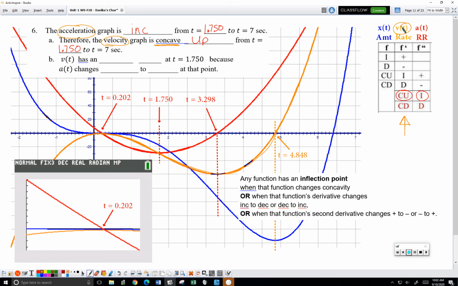The velocity's concavity corresponds to the acceleration increasing or decreasing. That's the only way to know. But if it's looking for velocity increasing and decreasing, you're looking for a positive or negative acceleration. Perfect. Does that make sense? Yeah, that makes sense. And they won't do that kind of thing to you on the AP test. This is just my way of introducing some way to get you thinking about how they correspond. Okay. Does that make sense? Yeah. Perfect.